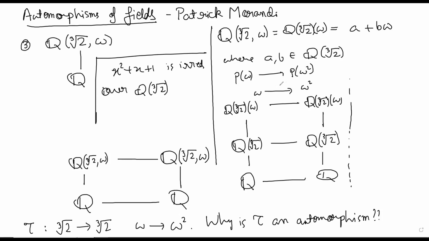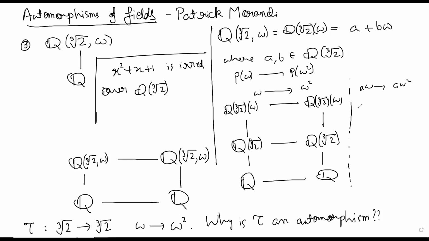And if P of omega is going to P of omega square, then you may say it is a field automorphism by definition, isn't it? You will send A omega to A omega square, where A can be anything in Q adjoint cube root of 2.